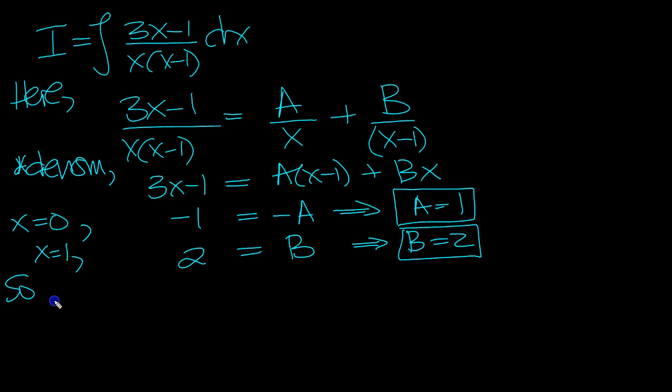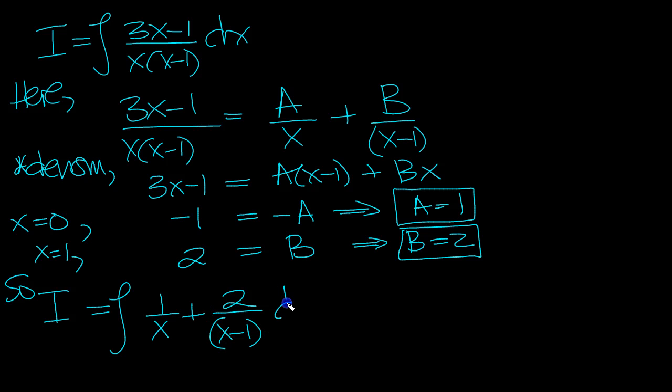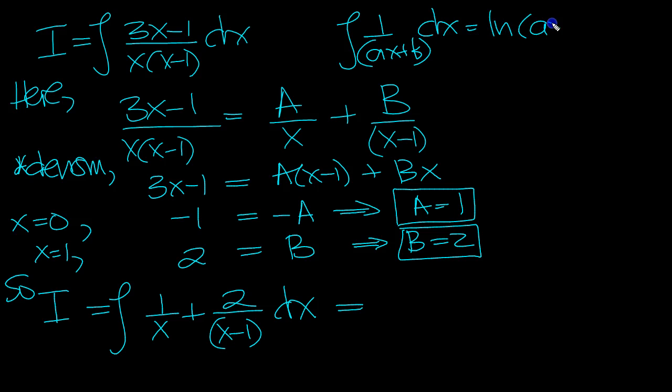So we can write I, then our integral is equal to, and instead of this stuff here we can write a, which is 1, plus b, which is 2, over x minus 1. Now don't forget that the integral of 1 over ax plus b, we wrote this down just a moment ago, is equal to 1 over a ln of ax plus b, plus k. That we can use any time we want.